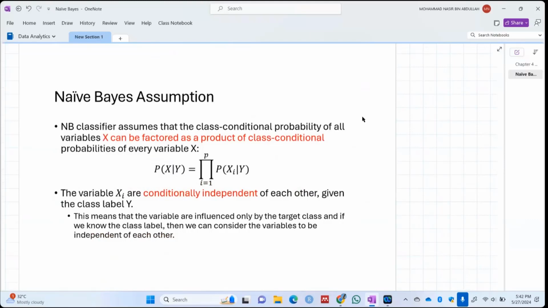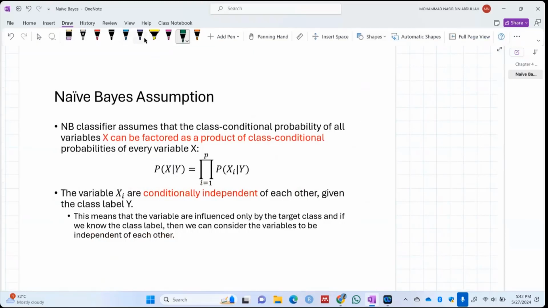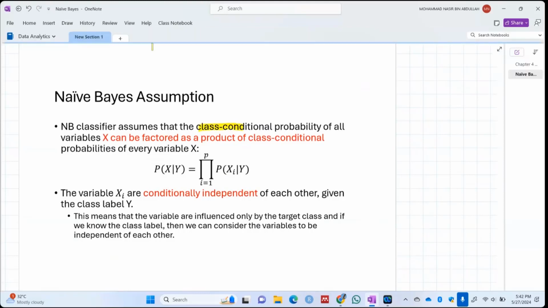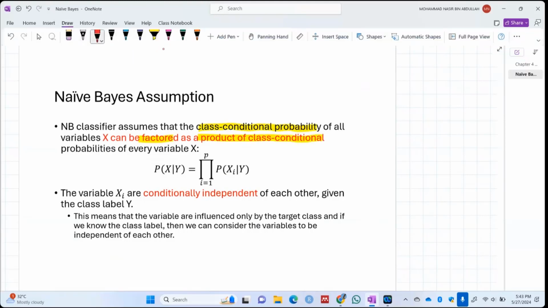Now, naive Bayes. The naive Bayes assumption: this is a classifier that applies the Bayes theorem. Naive Bayes says to assume that the class conditional probability of all variables X can be factored as a product of class conditionals.